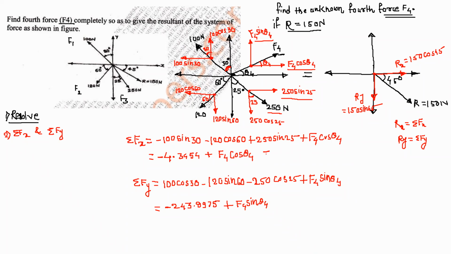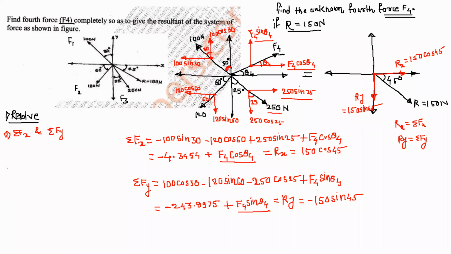So I will write down this is equal to Rx, and that is equal to 150 cos 45, and summation Fy, it is nothing but the Ry, and that is equal to, actually this is negative, so minus 150 sin 45, and then find out this value, F4 cos theta 4 and F4 sin theta 4.